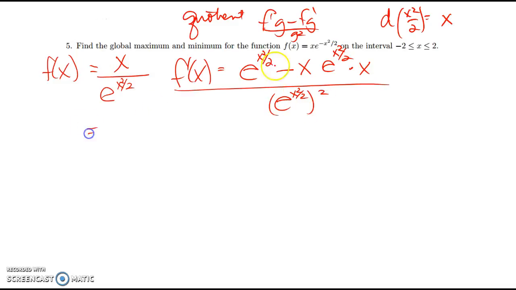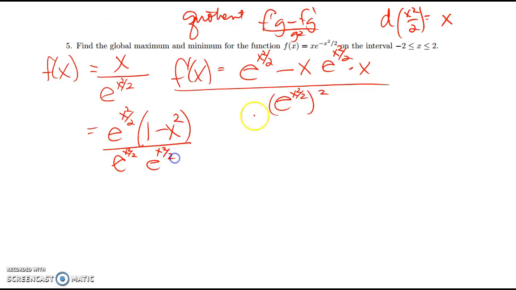So I'm going to factor out e to the x squared over 2, and I will have left 1 minus x squared. And then on the bottom, e to the x squared over 2 times e to the x squared over 2. I'm just writing that so that I can cancel that out. So my first derivative looks like 1 minus x squared over e to the x squared over 2.